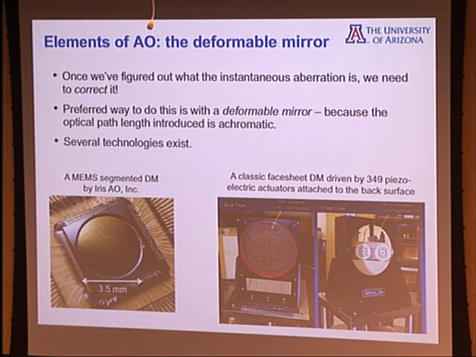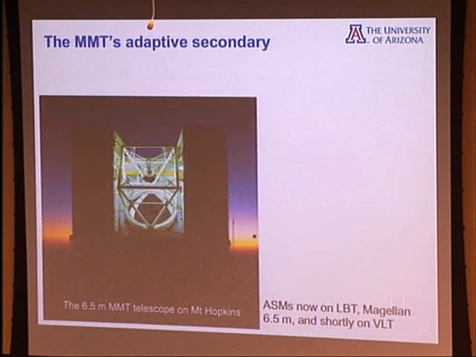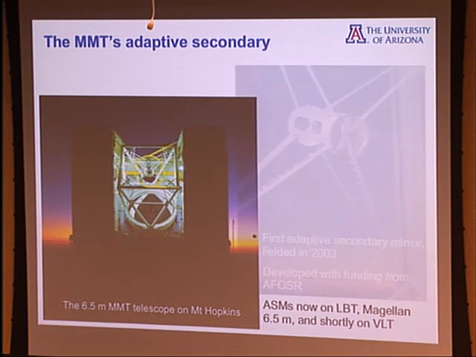You apply 1,000 volts to each one of these, and you make the crystal grow or shrink appropriately according to the sign of the voltage. The tip of each one of these 349 actuators is glued, literally, to the back of this glass face sheet. So as you push the actuator and pull it, you're driving the local surface of the deformable mirror in OPD.